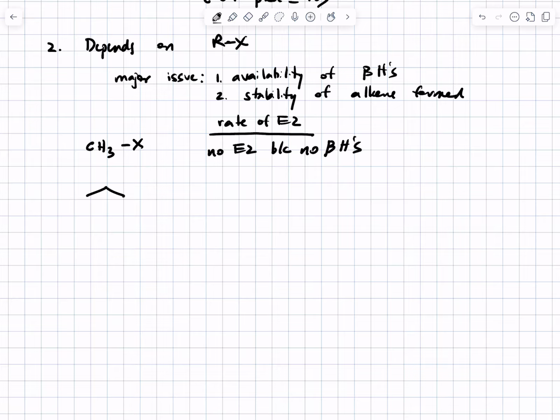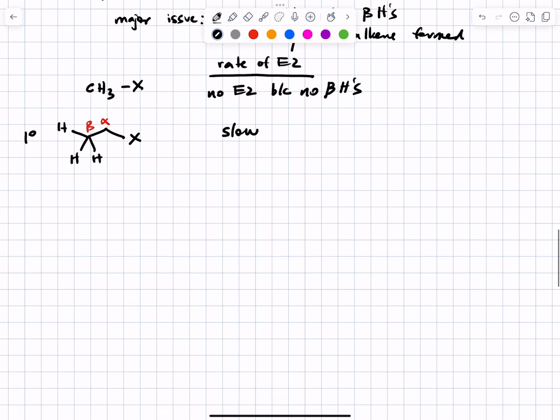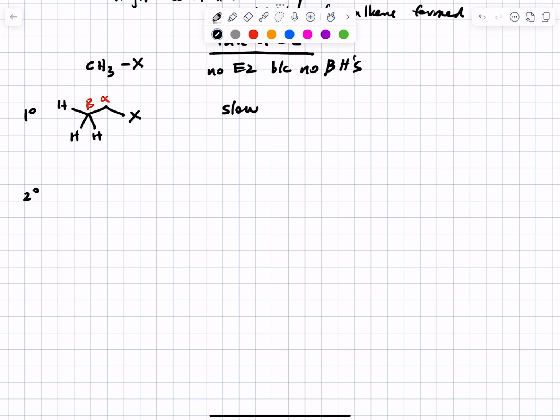So for a primary leaving group, you have 3 beta protons, or one kind of beta proton. It turns out that E2 for the primary leaving group is relatively slow. It gets faster for a secondary leaving group, in which we have even more beta protons, so 6 instead of 3.